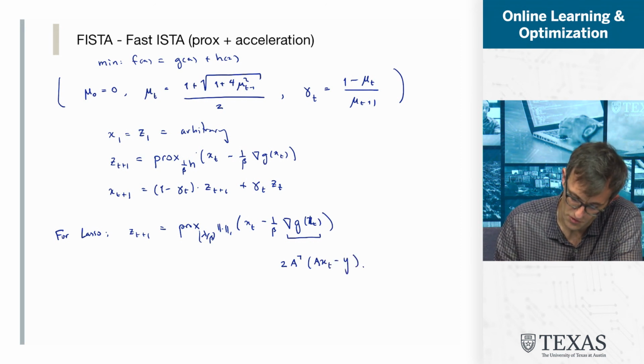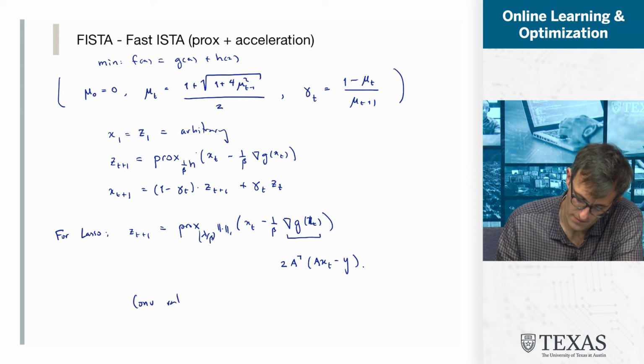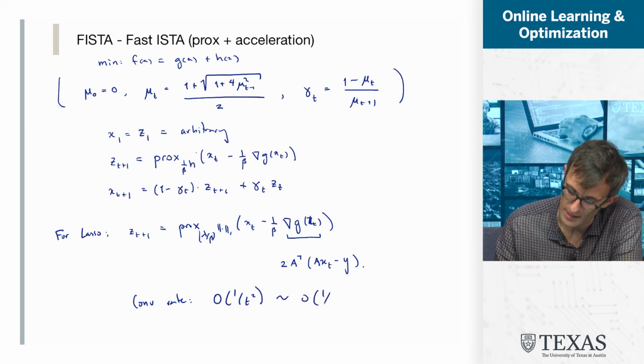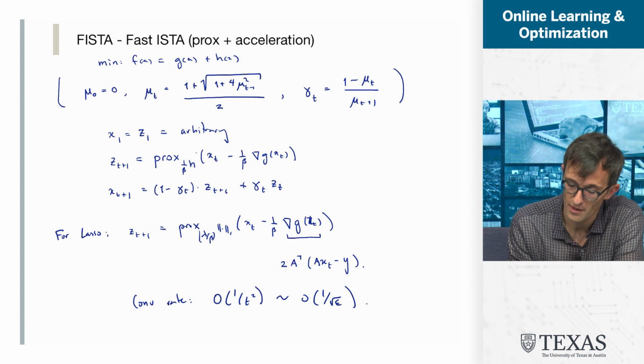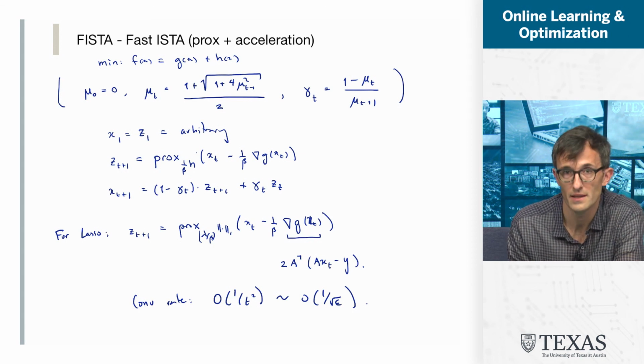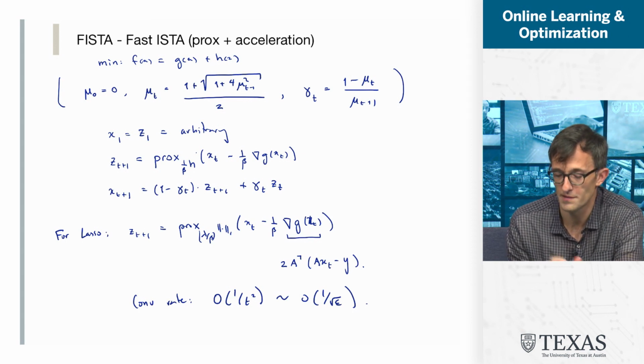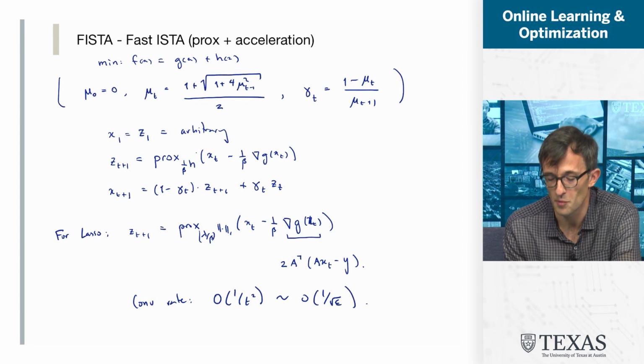And this has convergence rate order 1 over t squared. In other words, I need 1 over square root of epsilon steps in order to have epsilon error. So these are the details for implementing ISTA and FISTA for this very important problem of sparse recovery. We're going to stop there and pick it up next time.